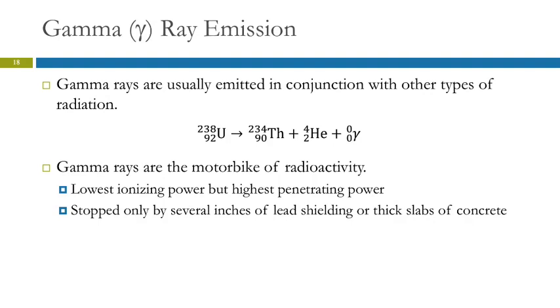You would be told, write the equation for the alpha decay of this thing accompanied by gamma ray emission, and then you'd put the symbol in there. It's very difficult to predict what's going to happen, so it's more just a matter of they've done experiments and they know that this is what happens.